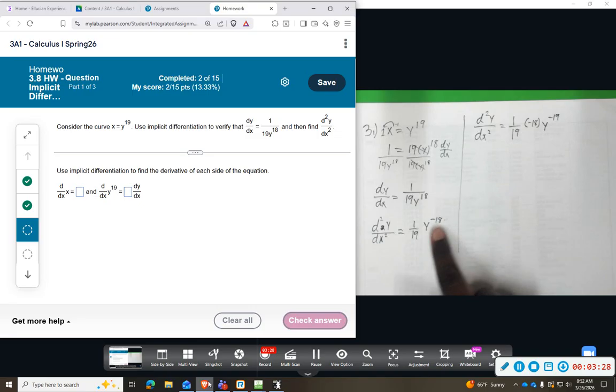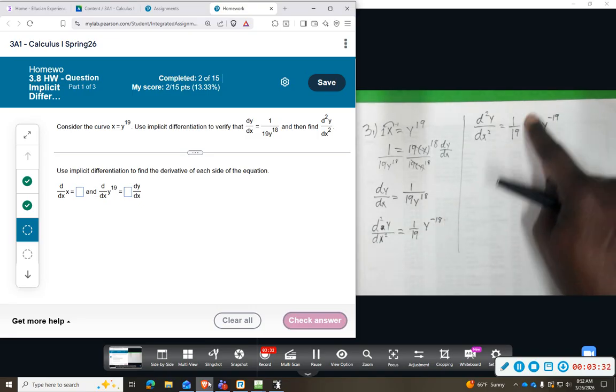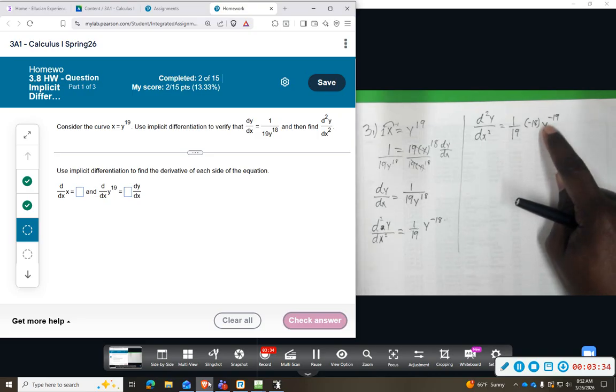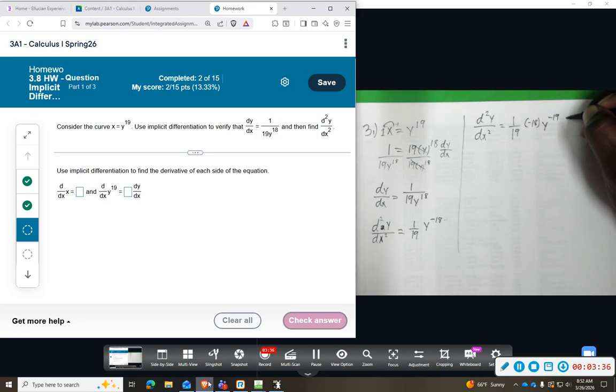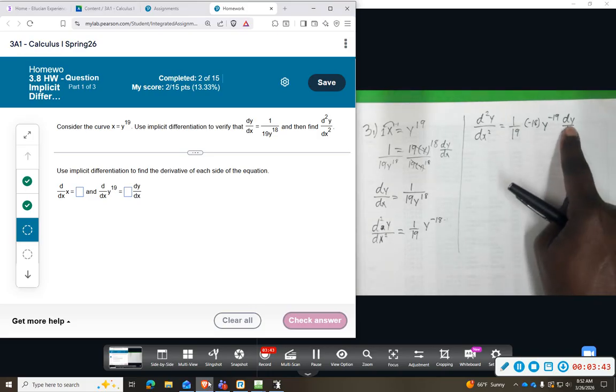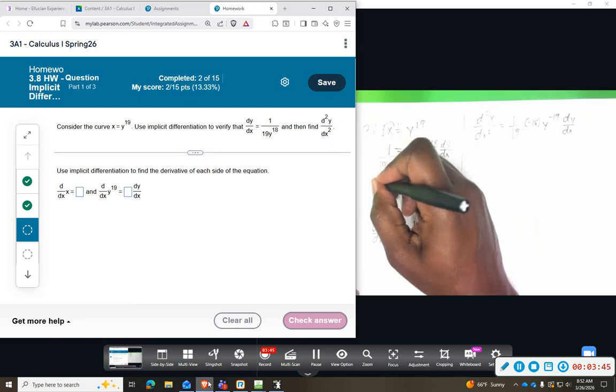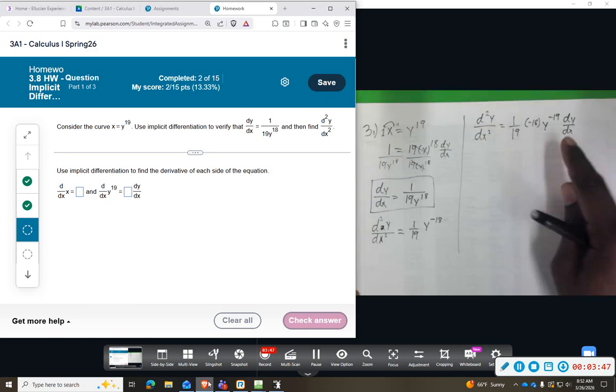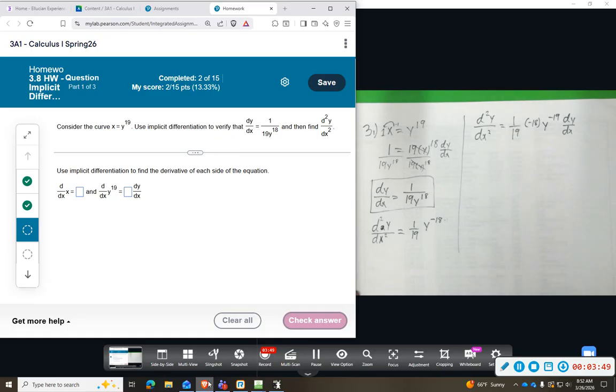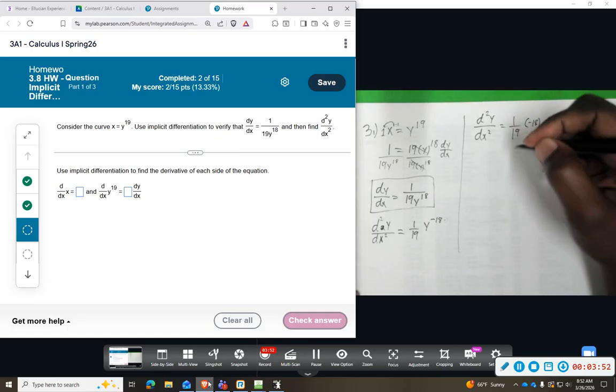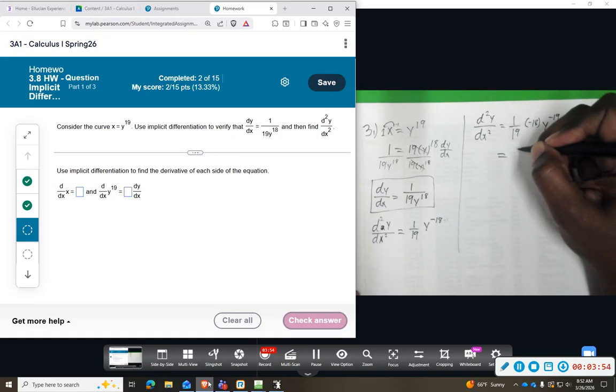And again, remember when we do y, we're using the chain rule. So that's the derivative of the outside times the derivative of the inside. That's going to be dy/dx. So this tells me that I'm going to have to use the previous result, dy/dx, and multiply it with this result. Putting this part together gives me a negative 18 divided by 19.